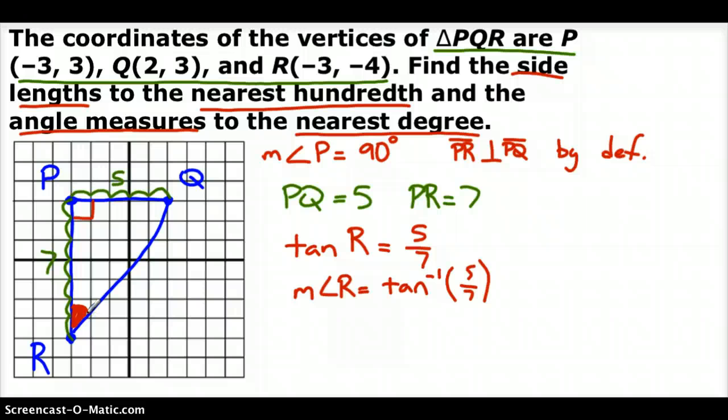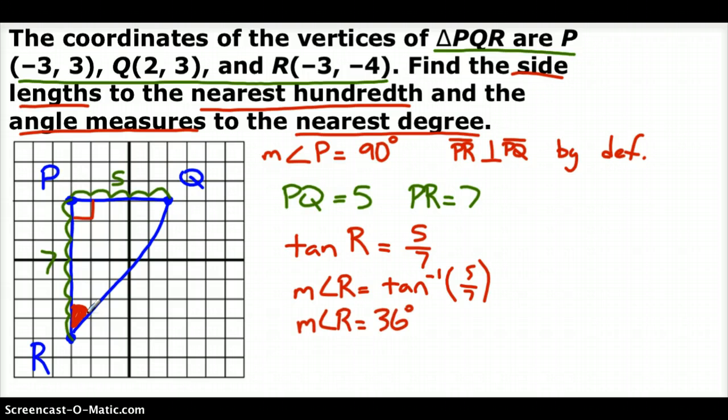I'll type in that quotient first, and now I'll type inverse tangent, and I'll press equals, and that gives me 35.53. So I'd round that up, and again, we're going to the nearest degree, so I'm going to say that the measure of angle R equals 36 degrees, right?